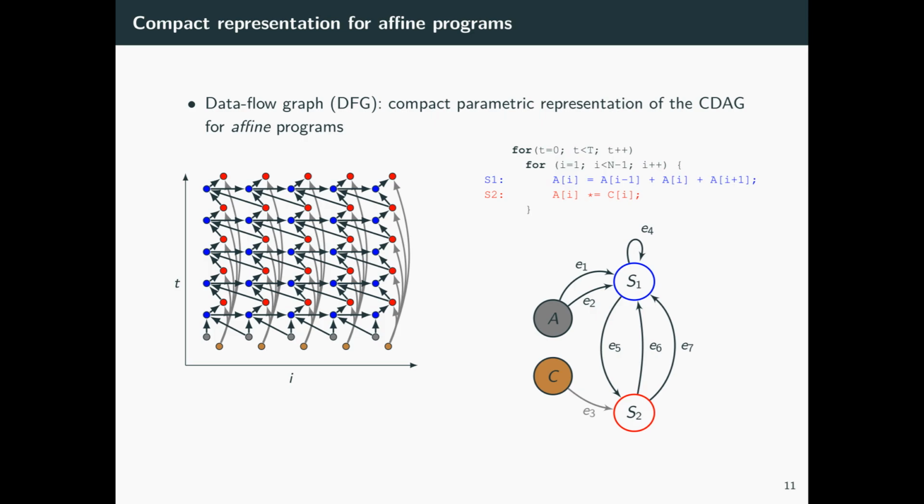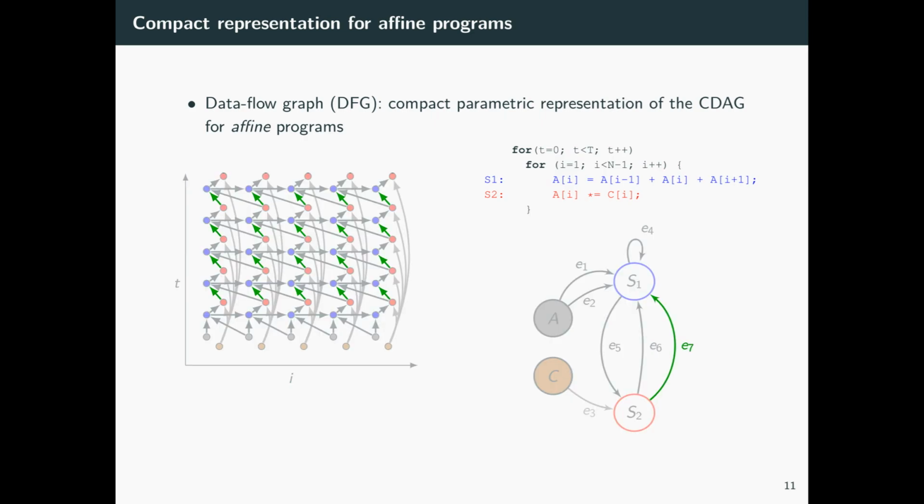In this representation, a single vertex of the DFG represents multiple vertices in the CDAG that are the instances of the same statement in the original program. And a single edge represents multiple dependencies in the original CDAG.